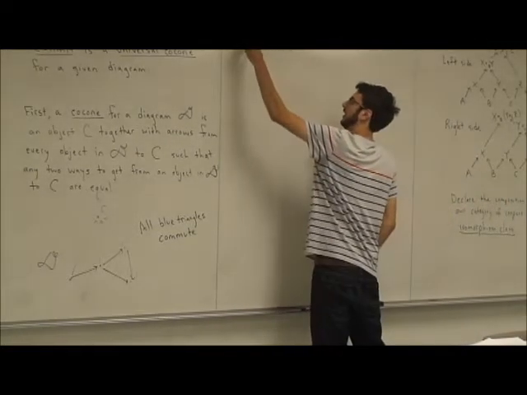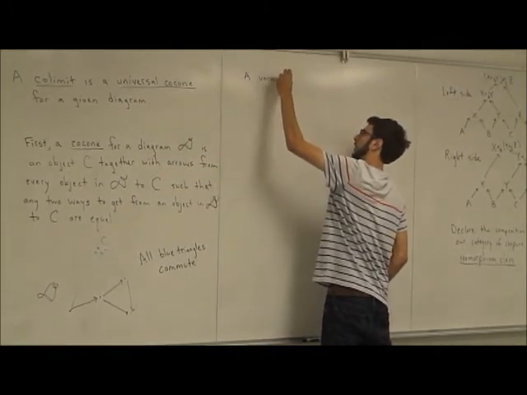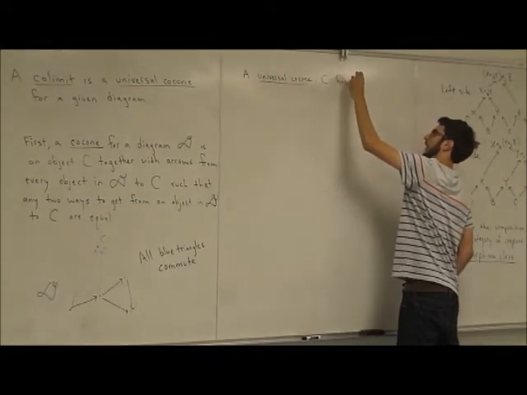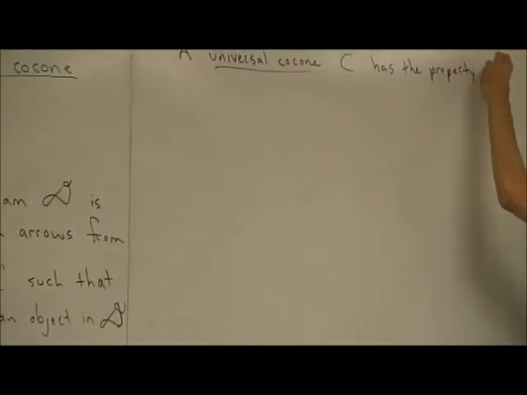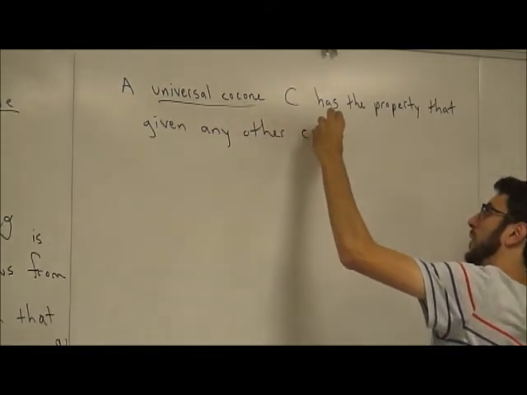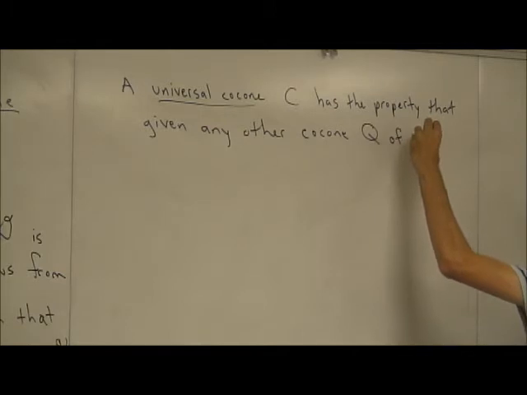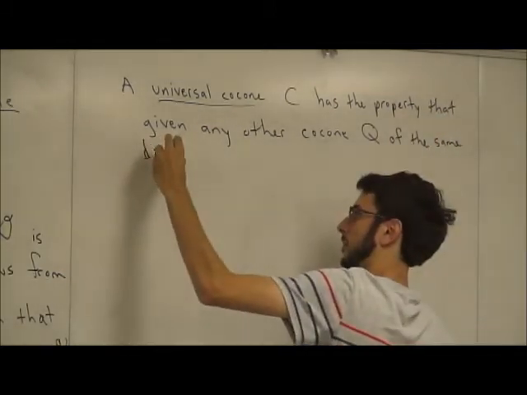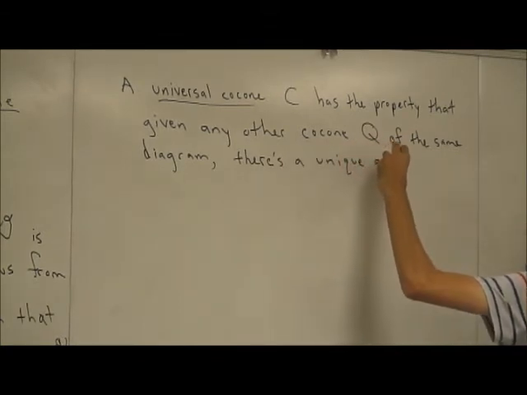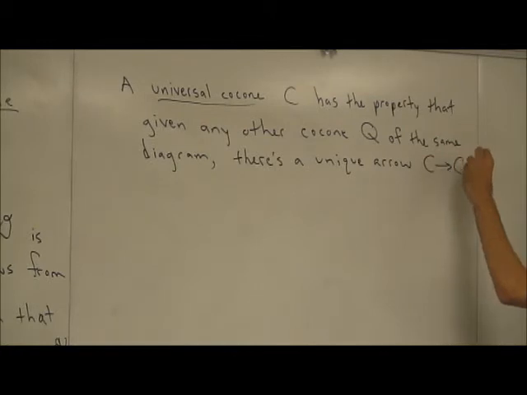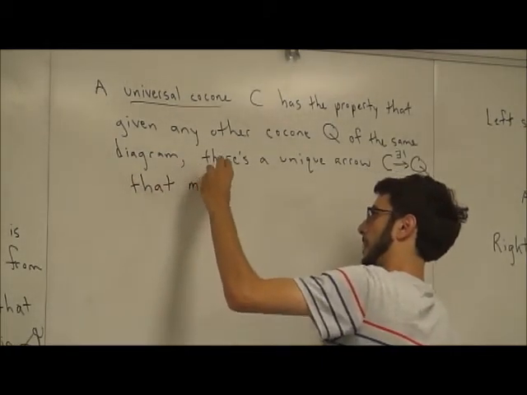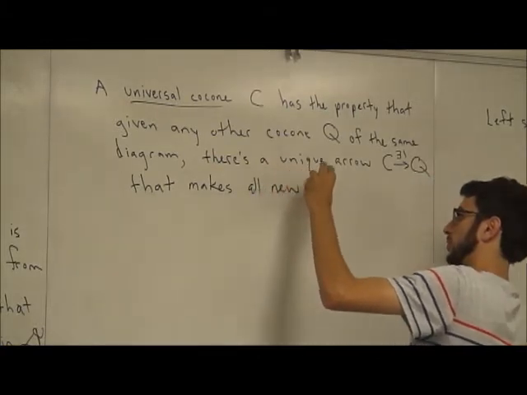So a universal cocone C has the property that given any other cocone Q of the same diagram, there's a unique arrow from C to Q that makes all the new triangles commute.